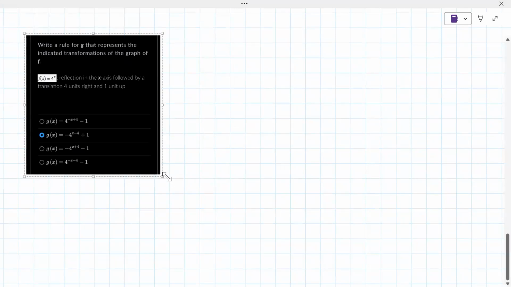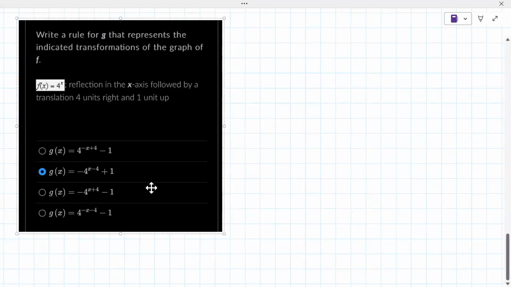Okay, now would you typically be allowed to use a graphing calculator on this? I think it said no calculator, but you could. I am not sure. Okay, on this one, one of the ways to do this is to graph y equals 4 to the x, and then graph each of these until you get one that matches, that goes right and then up.